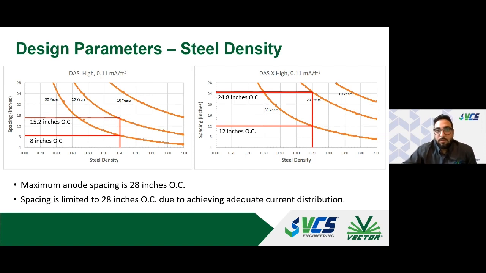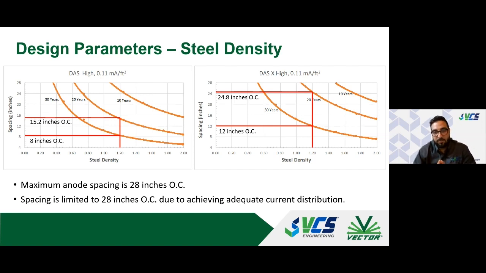One thing to note here is that the distributed anode systems are typically limited to 28 inches on center. So their spacing is limited to 28 inches on center. And that's because, based on past projects and laboratory studies that have been done, we know that the current reach for the anodes is about 14 inches on either side.